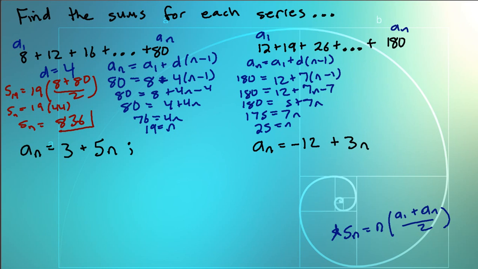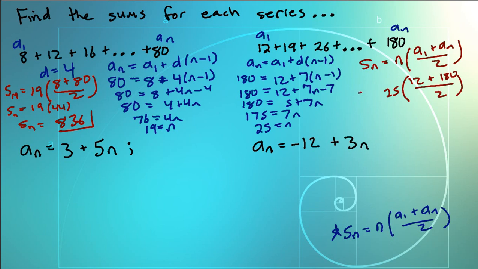So I'm going to do this formula, Sn equals n times A1 plus An, all divided by 2. I know A1, that is 12. I know An, that is 180. Going to divide that by 2. And now I know n because I solved it, so I got 25. And I'm just going to type all of that into the calculator.